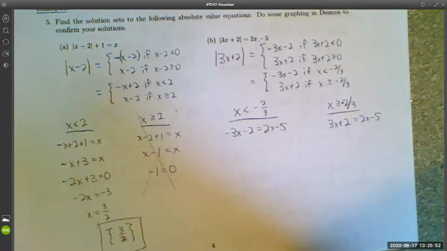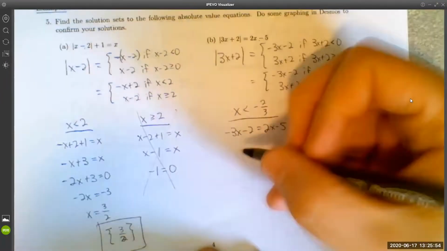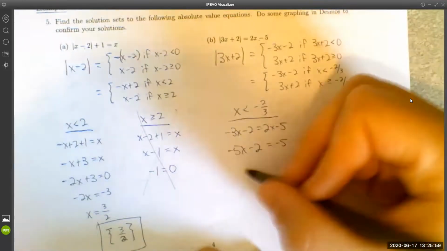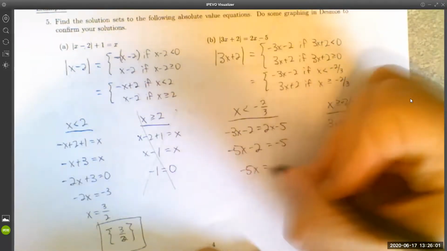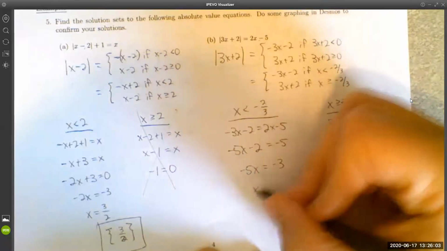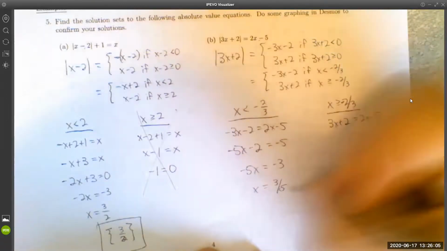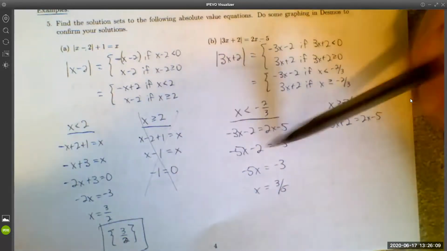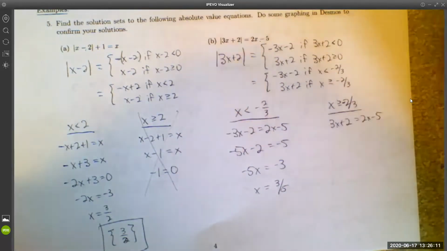And let's see if we can solve this one. So move the 2x over, move the 2 over, divide by negative 5. Did I do that right? Negative 5x, add 2, negative 3. Okay, 3/5. Yep.